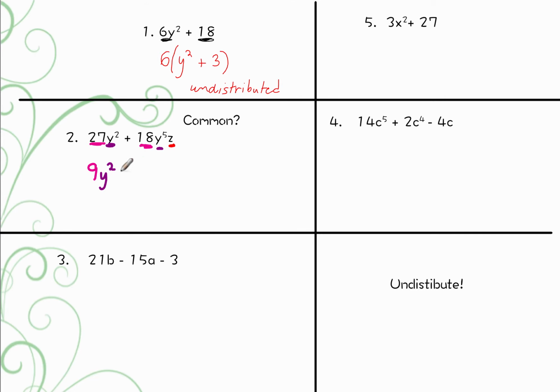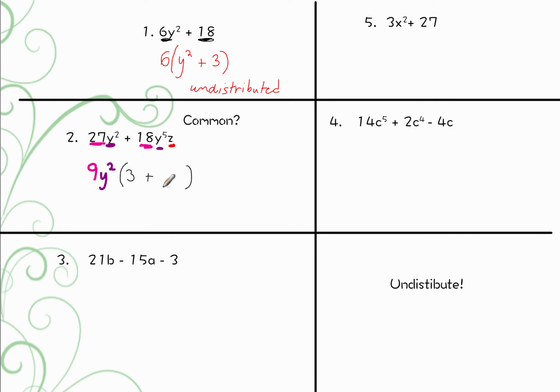Okay, so now we can start seeing what's left over now that we've figured out what's in common. So 9 times 3 is how we'd get to 27. Y squared times, well, we don't need any more y's here. So I guess 9y squared times 3 gets me 27y squared.